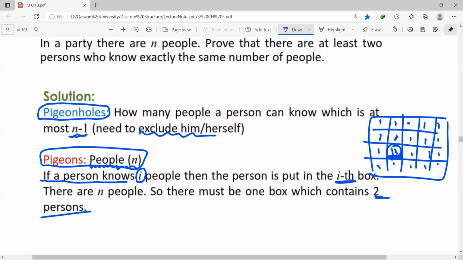We say if a person knows I people, then the person is put in the I box. That means there must be one box which contains two persons, since there are two people who know the same number of people.